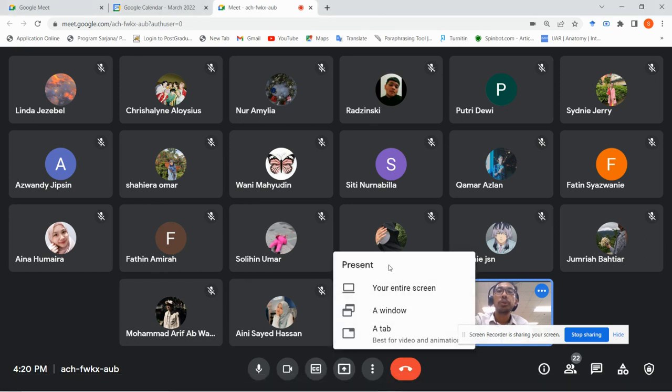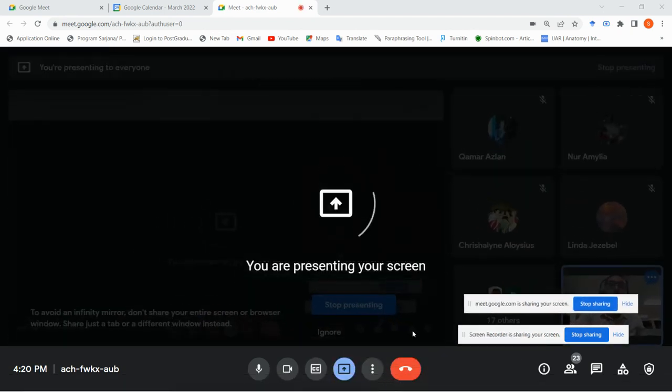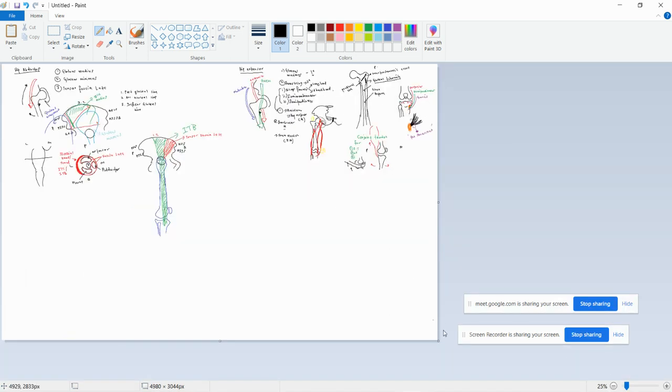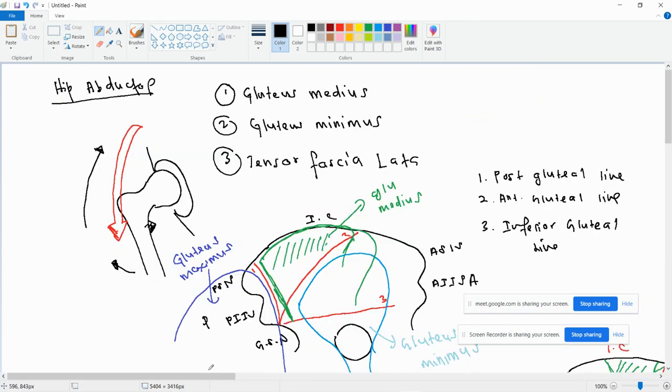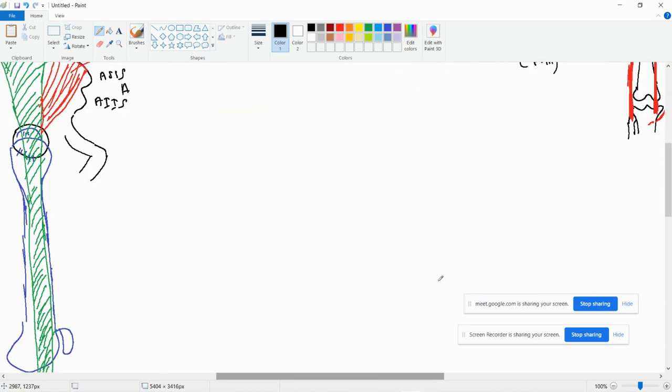Okay, we go to another group, which is the hip adductors.